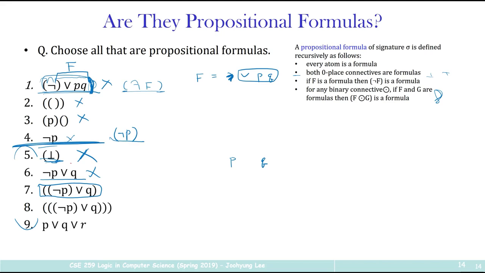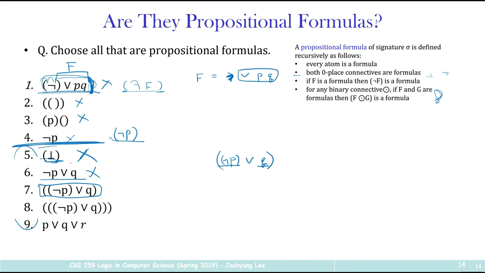Because of the first condition. If P is a formula, then our third case says that P in parentheses is a formula. And then from the first case, this is a formula, then this is a formula, then the disjunction is a formula. And that's what the string in 7 is saying, so 7 is a formula.